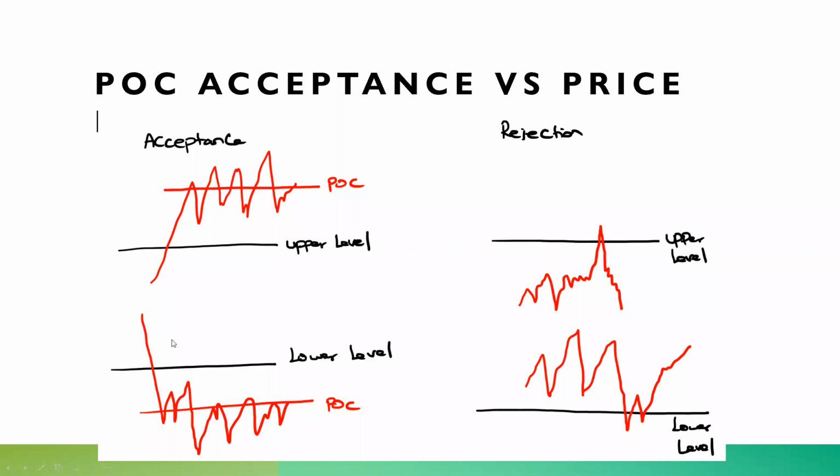Now, if it's a lower reference, and price from the top is breaking down and building point of control, I'll say the price is accepting the lower reference. It is accepting because more trading activity is happening, more business, more engagement, more volumes. That is one form of acceptance.